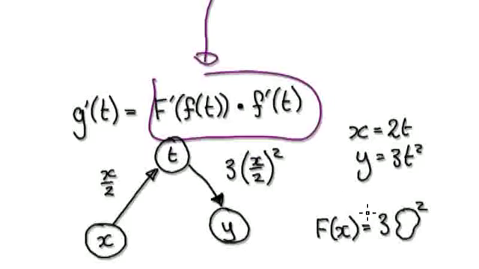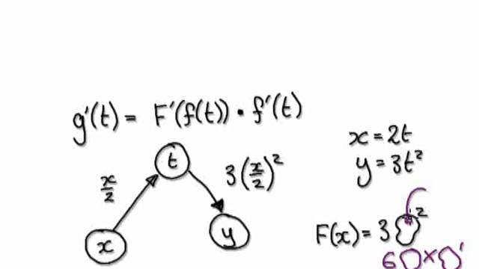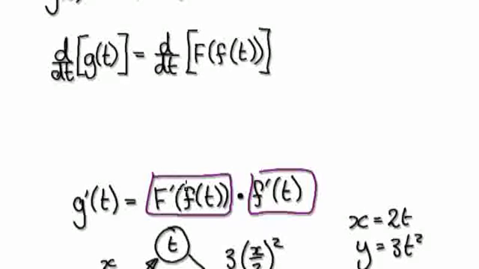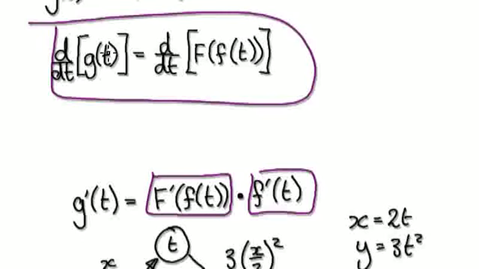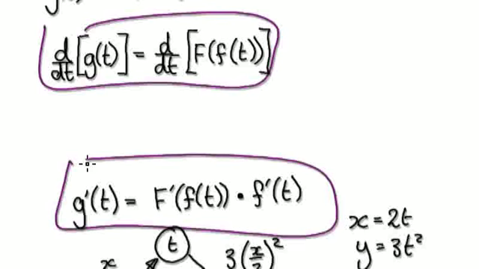When you come to differentiate this here, it will give you 6 bubble, and then you've got to times with the derivative of the bubble itself. So it's really you using the chain rule here. You differentiate capital F as normal, and then times the derivative of the bubble itself. When you differentiate both sides, it will then take you to here.